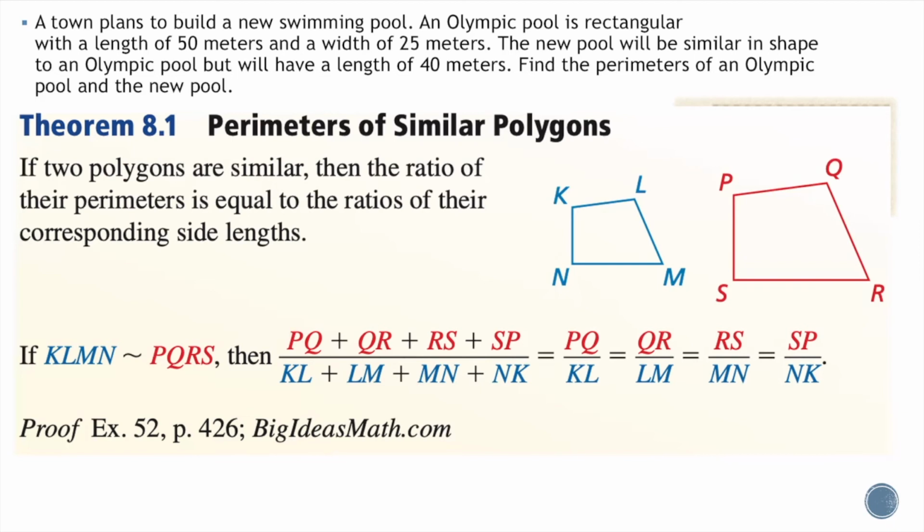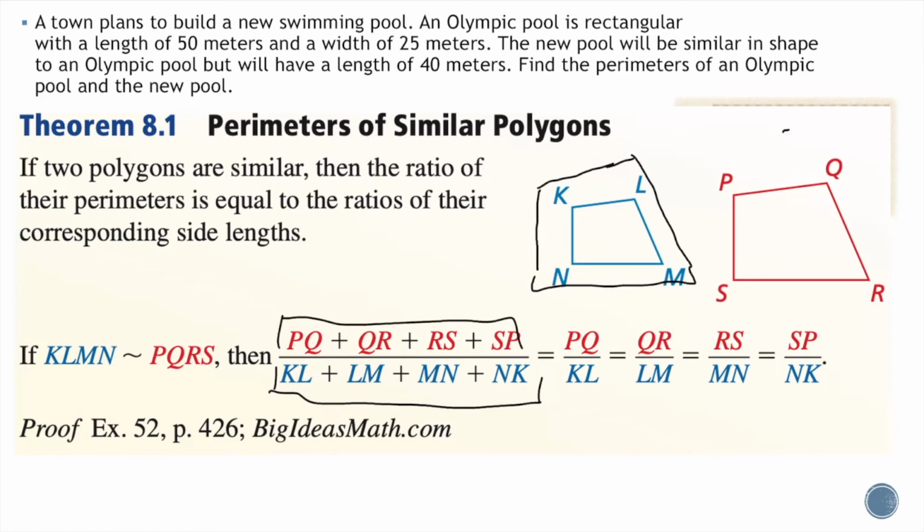The perimeter, if you remember, is just the sum of all the sides, and that's what we have here in blue and in red for this one. And the ratio of the perimeters is equal to the ratio of their corresponding sides, which can be either of the ones.